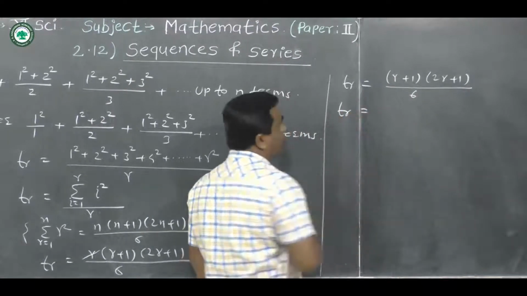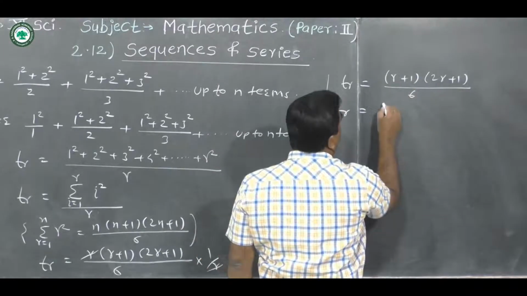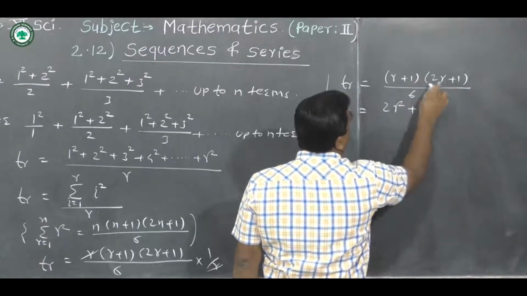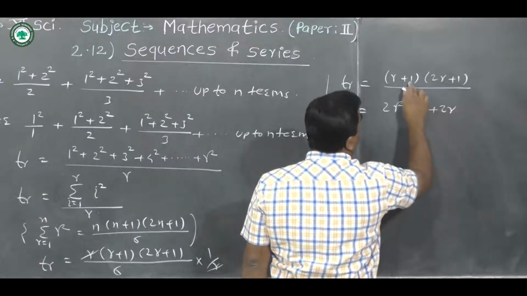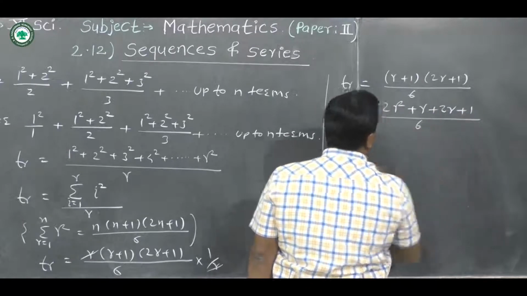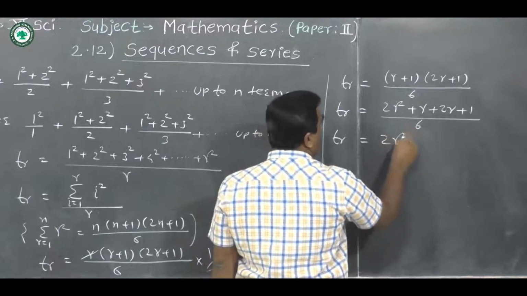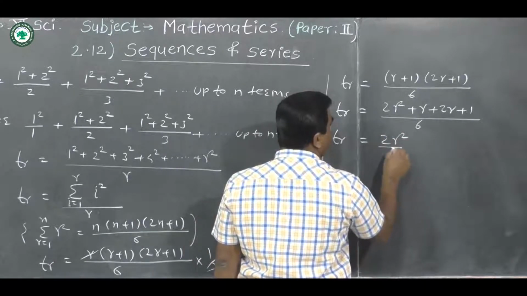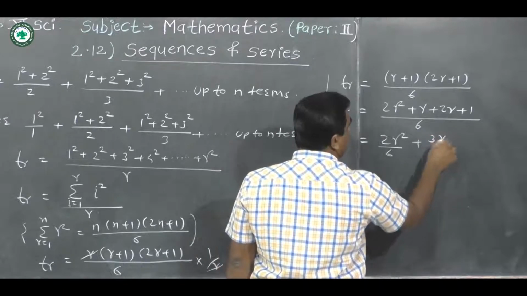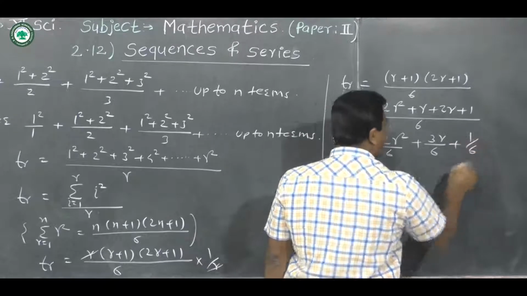T_r equal to, take the product of these two brackets, then we can write here r into 2r square plus r into 1, r plus 1 into 2r, plus 2r plus 1 into 1 plus 1 upon 6. That is, T_r equal to 2r square upon this 6, take the addition of these two terms, plus 3r upon this denominator 6 plus 1 by 6.